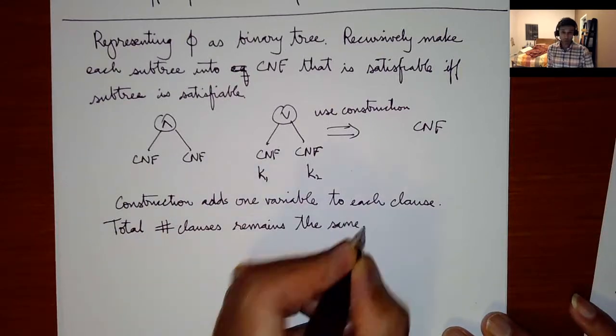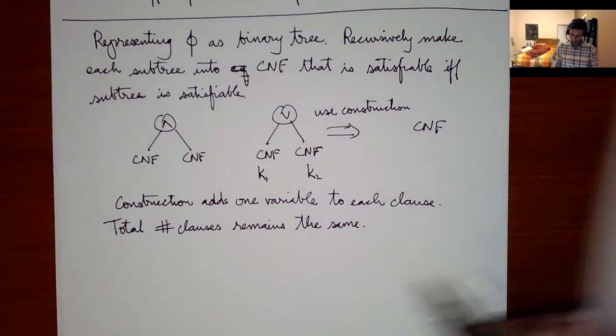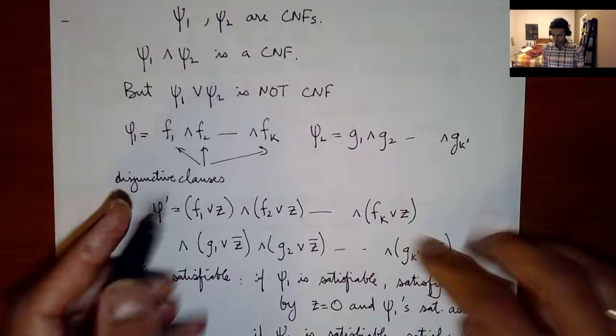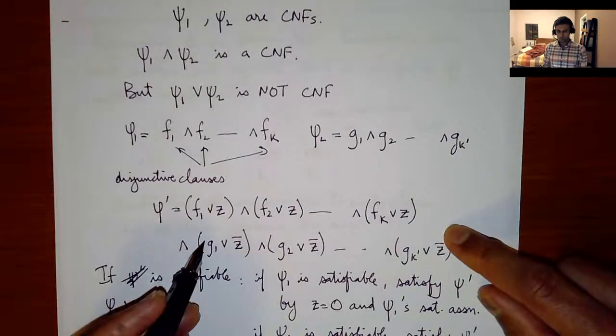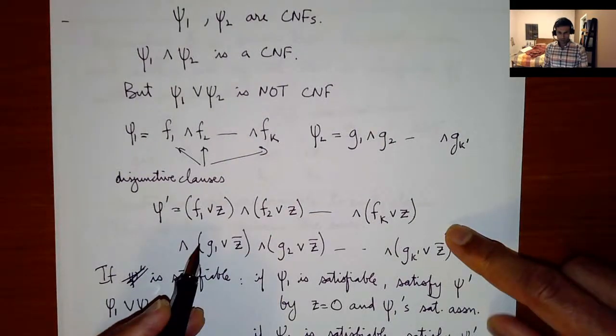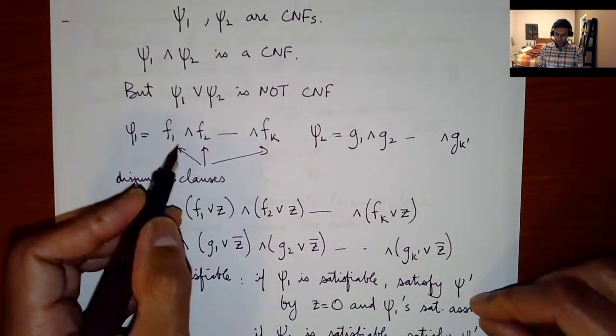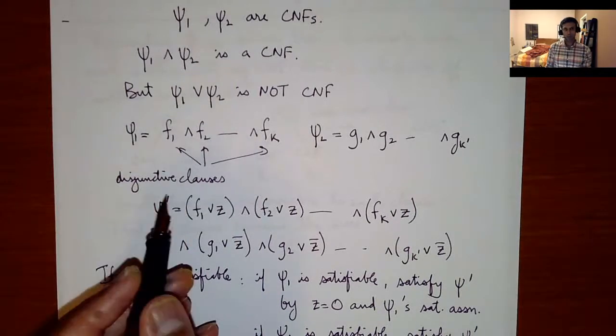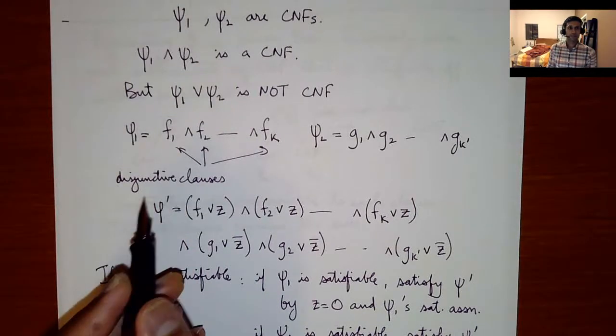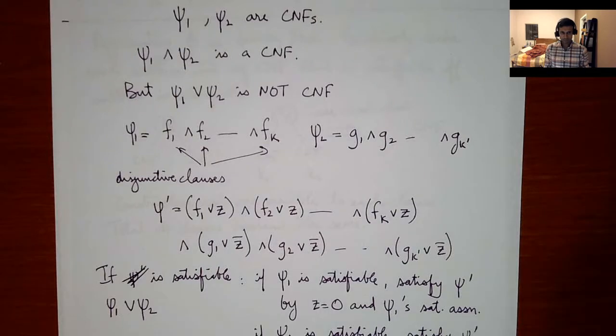So it's important that the clauses are not doubling each step, right? So if you have k clauses and k prime clauses, you end up with k plus k prime clauses, except the size of each clause goes up.